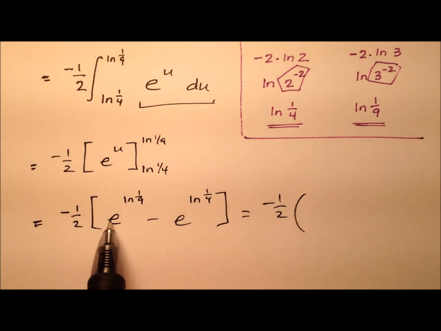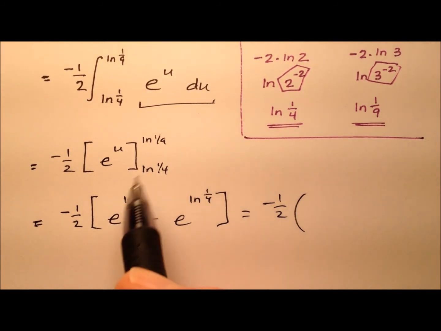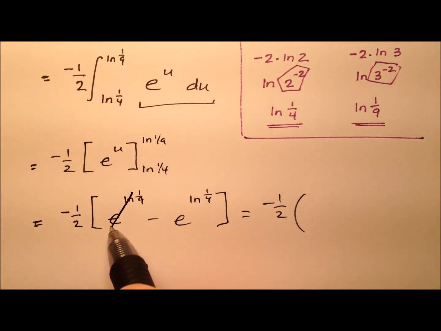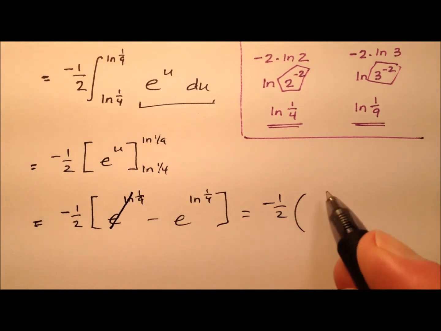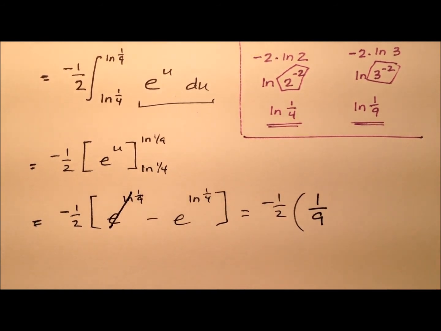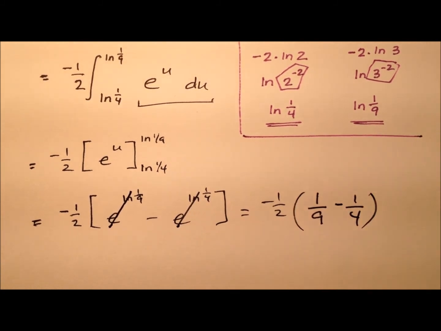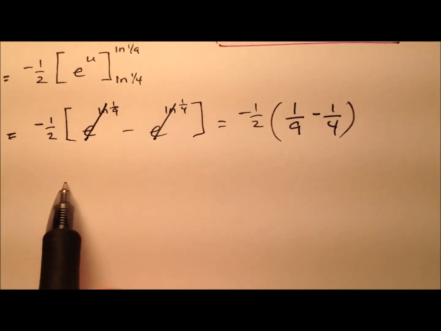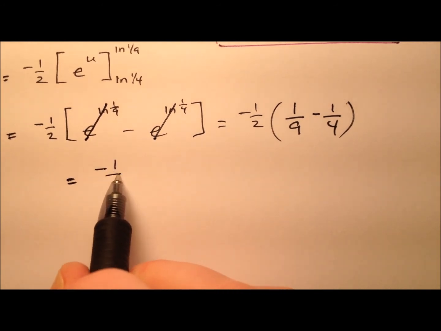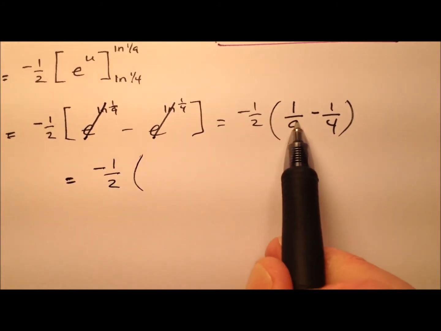And what happens here is when we have e to a natural log, those kind of are inverses, so they cancel each other out, and this 1/9 becomes a real 1/9. And similarly, it'll happen here, and we'll have minus 1/4. And now it's just the numeric bit of this, so we can get common denominators here.